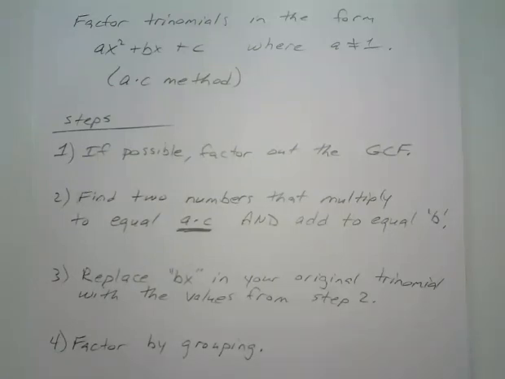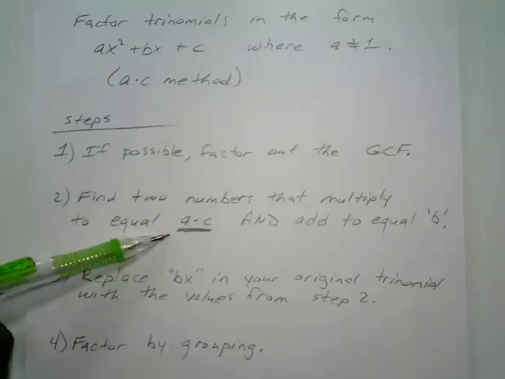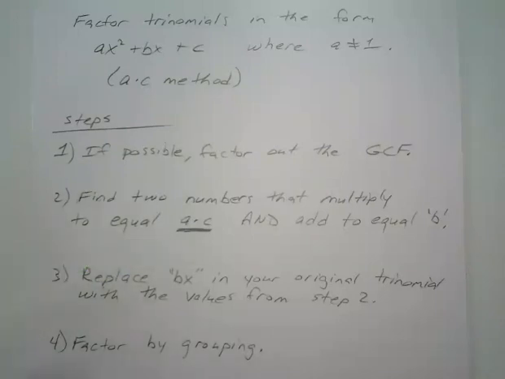Here are the steps to factor using the a times c method. Your first step, only if it's possible, in some cases you can skip the first step: factor out the greatest common factor from each of the terms. The second step, you're going to find two numbers that multiply to equal a times c, and those same two numbers add to equal b.